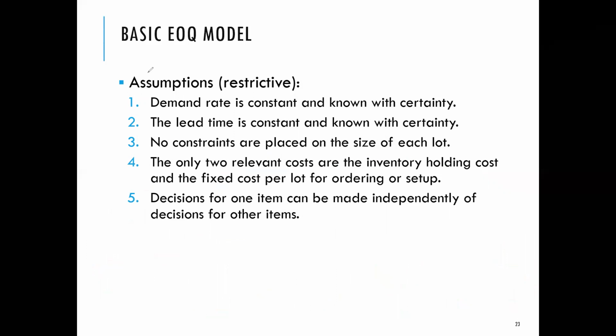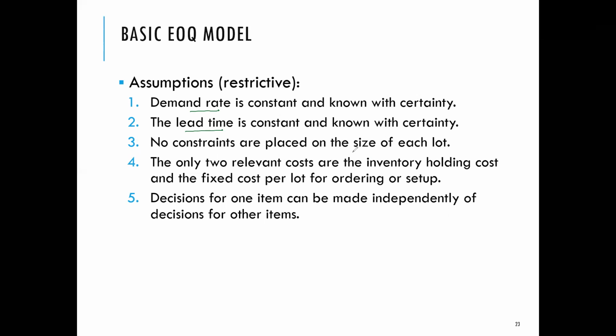We will relax some of these assumptions in our next discussion. But just to briefly go over the assumptions, we assumed that demand rate is fixed and constant. We will relax this in our next session. We assumed that lead time is constant. We will relax this as well.